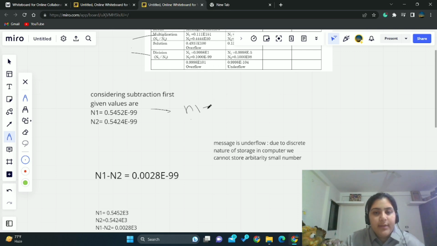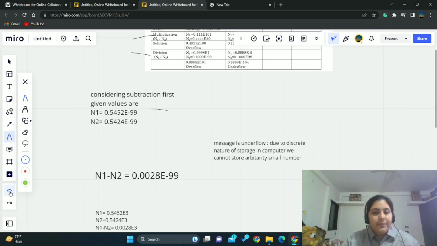This can also be written as 0.5452 into 10 raised to the power minus 99. So this can also be written like this. So in the process of subtracting, do remember that.